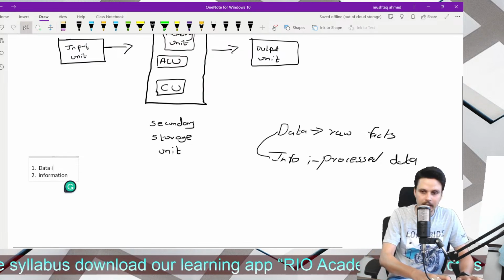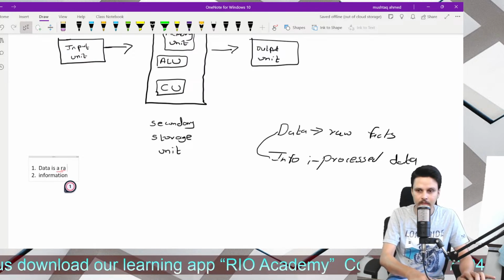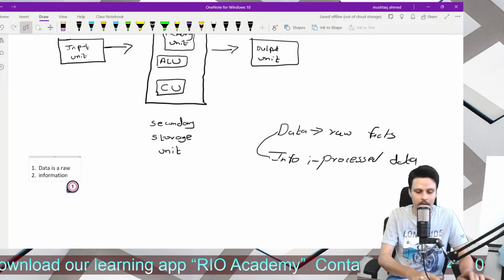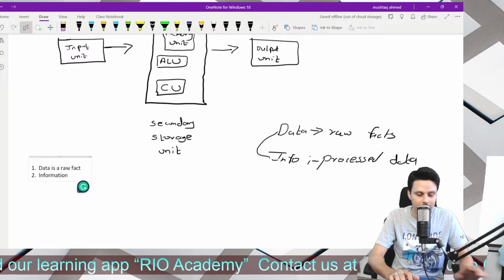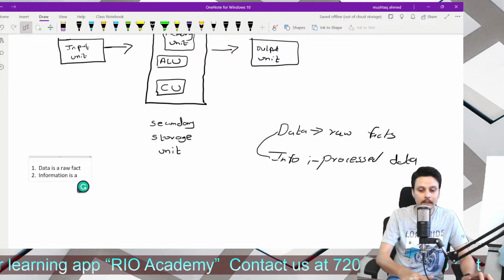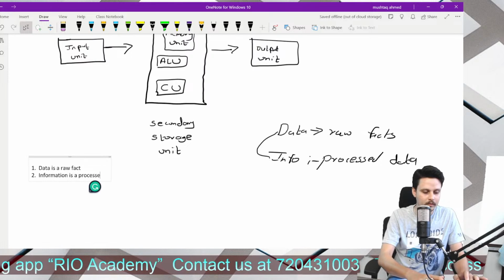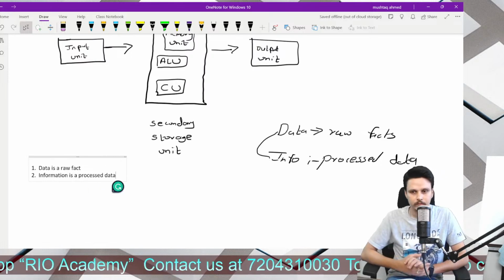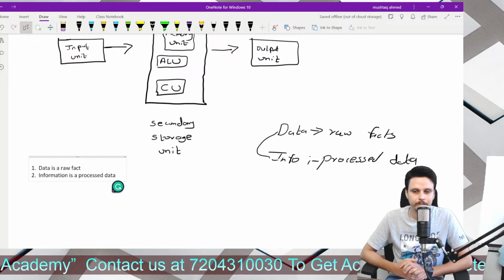Data is a raw fact, whereas information is processed data.